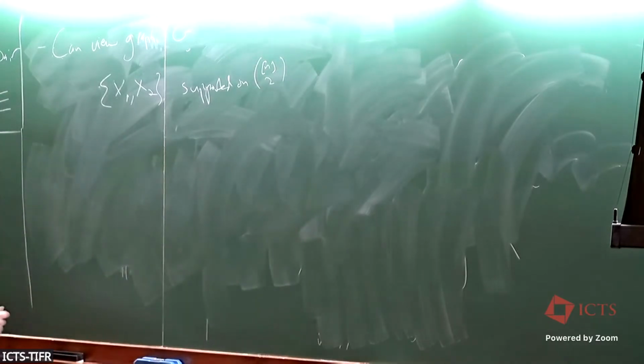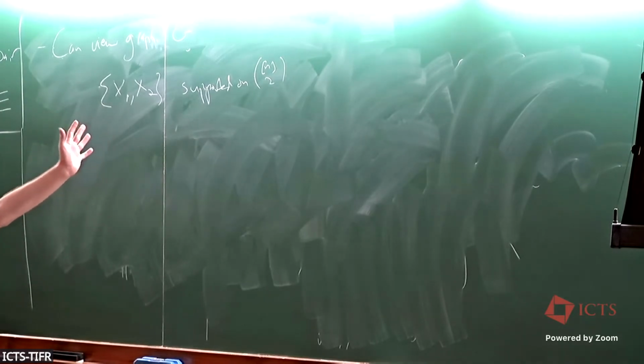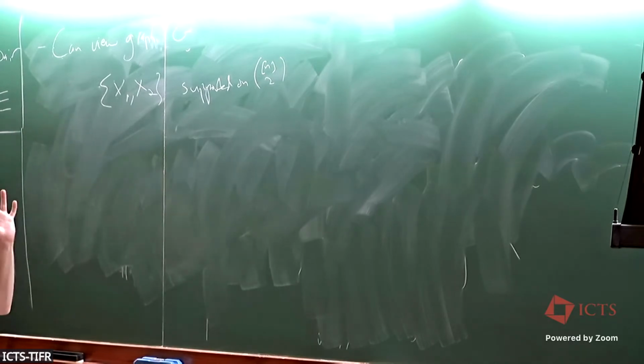In essence, when we were taking expectations and looking at these distributions over here, we were already doing this implicitly. We were already working with this random variable corresponding to picking a random edge from our weighted distribution. So there's nothing really new here.